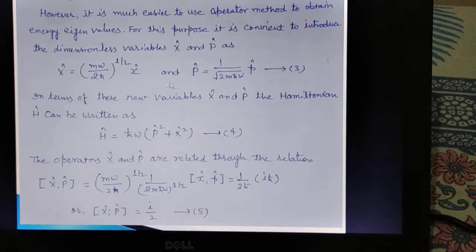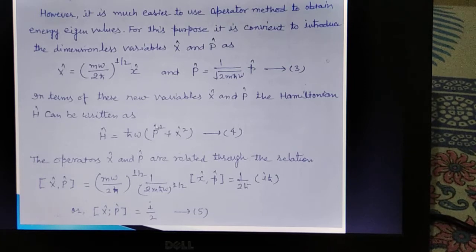And we can write the Hamiltonian H in terms of these new variables X and P as H equal to h cross omega (P square plus X square).